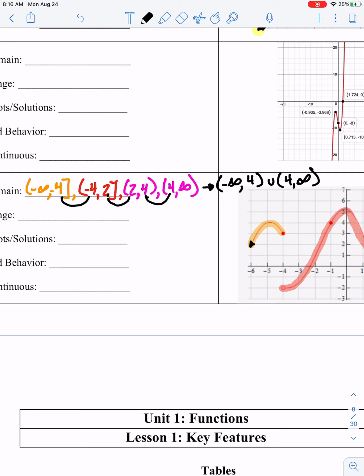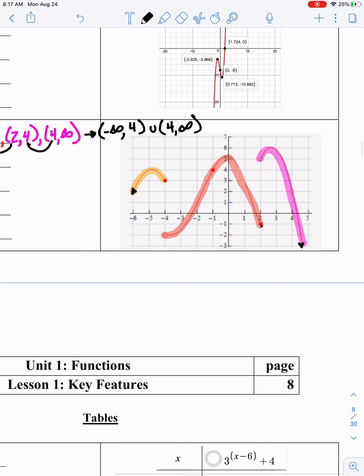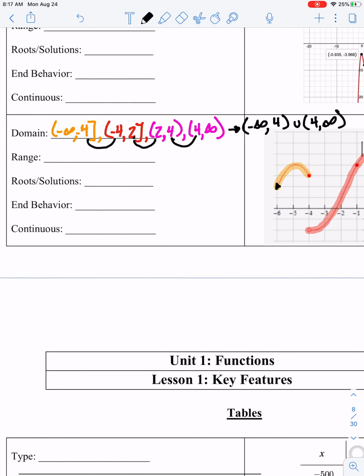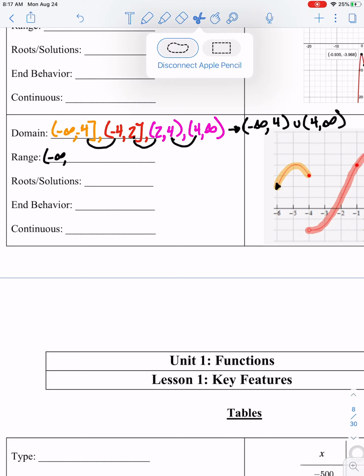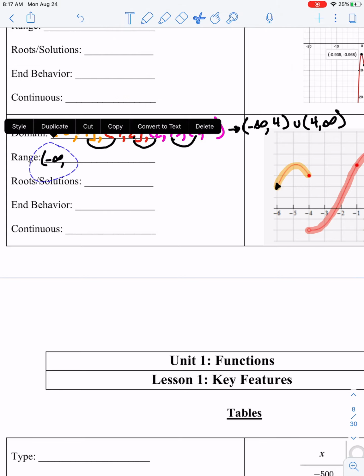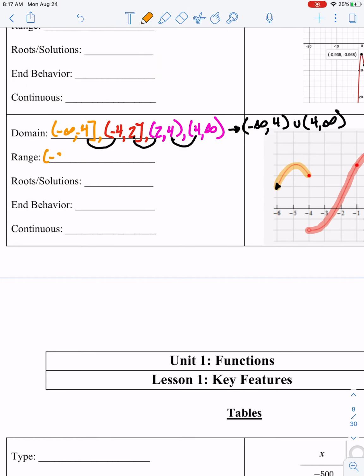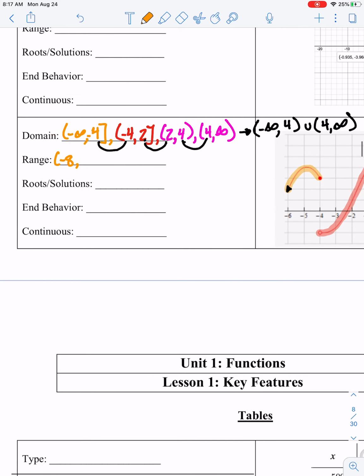Now range, we're going to use a similar approach. Range is a little bit more difficult. So again, I start at the bottom where I can start with my orange graph. It's pointing down. So it goes from negative infinity and it goes all the way up until 4.